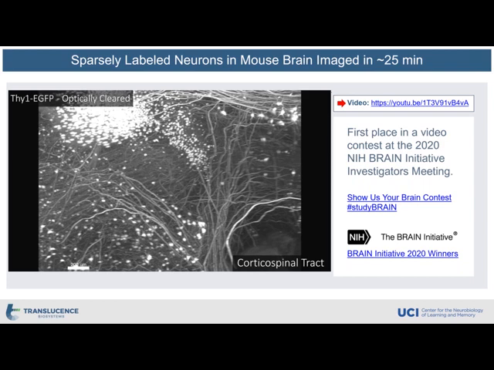So in my talk today, what I want to do is take you through 3 or 4 examples where we have tapped into this potential for this new technology to enable us to quantify patterns of neuroinflammation and neural activity that would have been nearly impossible with thin section conventional histology.